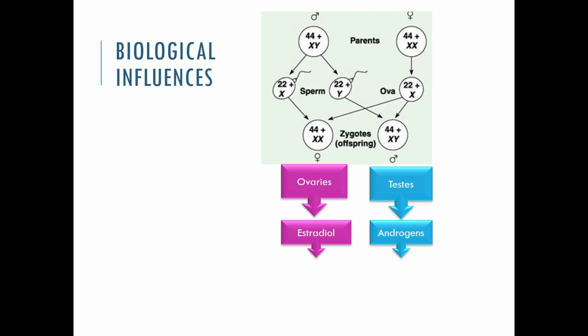Now, this is typical development. Sometimes the gonads don't convert at all, and they stay gonads, and they don't produce any kind of hormones. It's never the case that an XY carrying individual would ever produce ovaries. That doesn't happen.